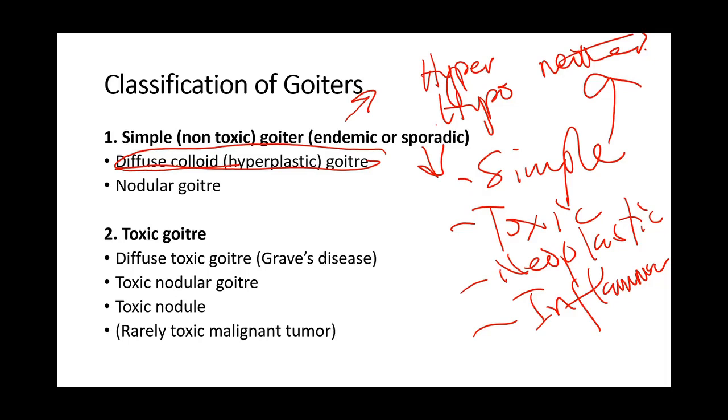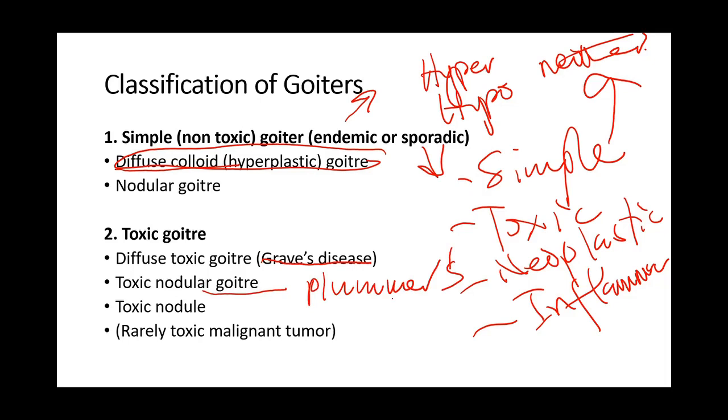Okay. Now, toxic goiters could either be diffuse toxic goiters that are termed Graves' disease. They could be toxic nodular goiters, the Plummer's disease. We are going to see them. Then it could be a toxic nodule.